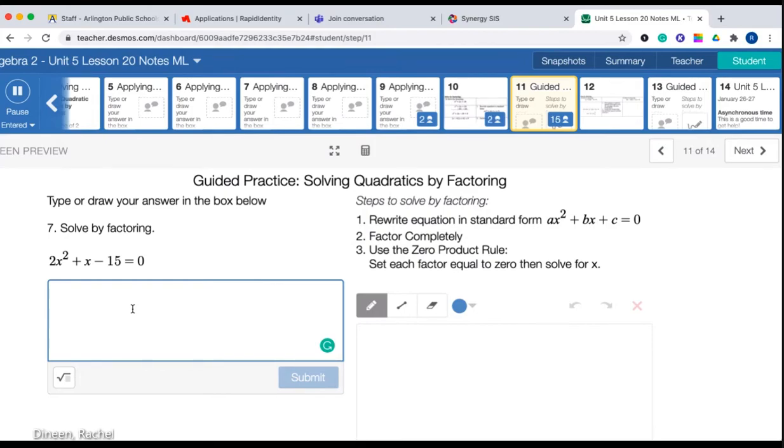I'll give you a hint. Multiply first times your last. You need two numbers that multiply to give you negative 30 and add to give you 1.